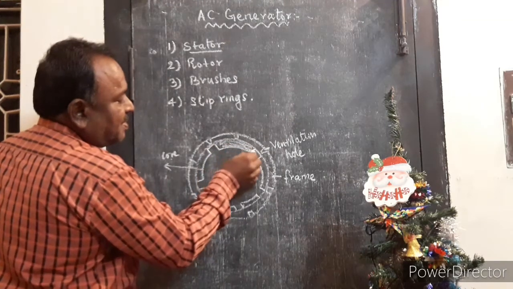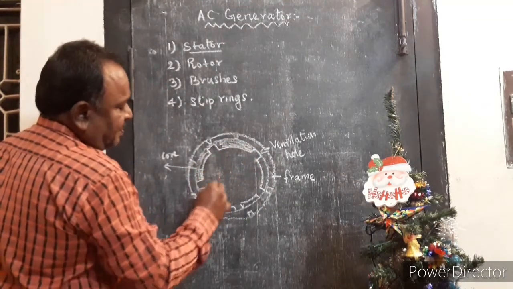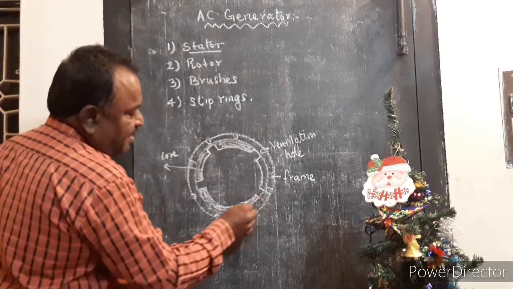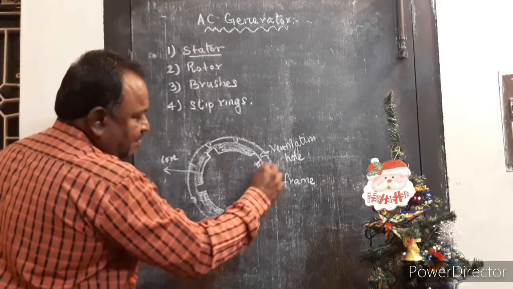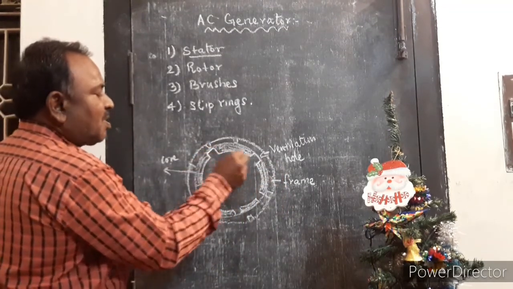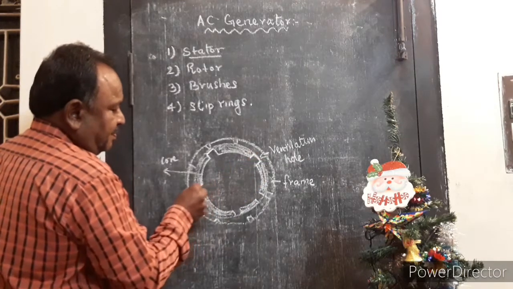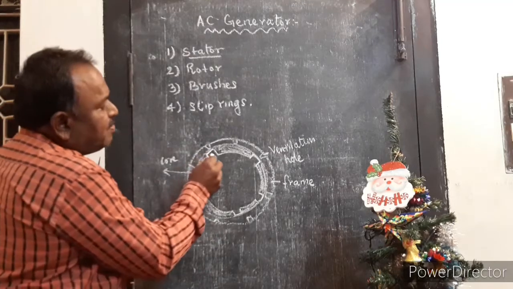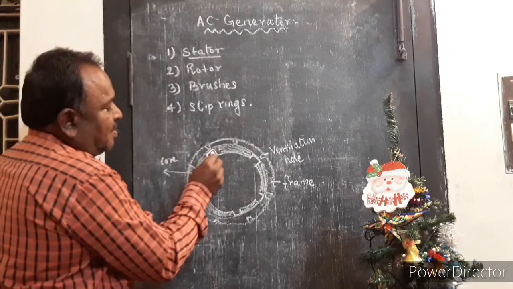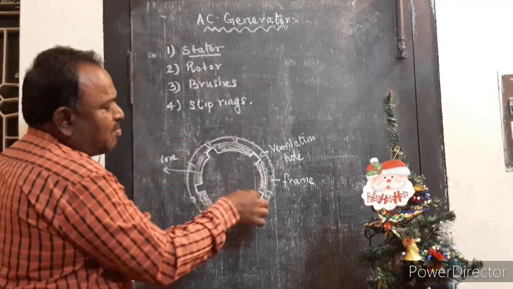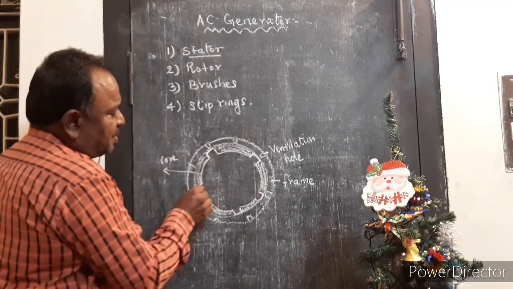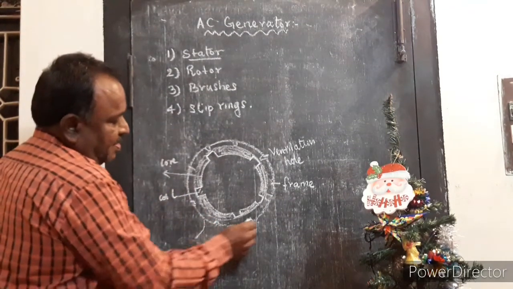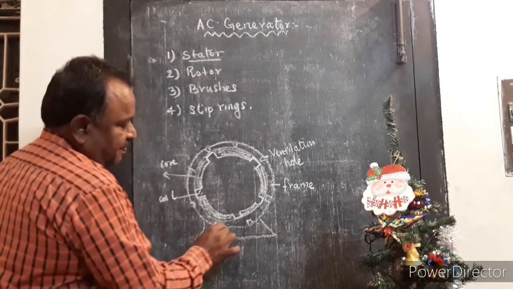It is kept inside the frame of the stator. It has a large number of holes in it, where armature coils are mounted. So we will have the armature coil mounted to these holes. It is fixed to a rigid support.